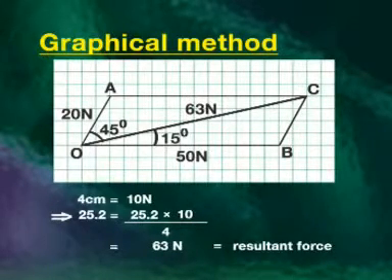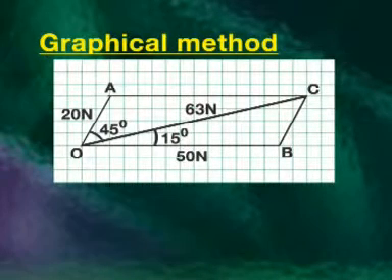When we measure the angle between OC and any of the forces represented by OA and OB, we find that the resultant is about 63 newtons, making an angle of 45 degrees with the 20 Newton force, which is represented by OA, or making an angle of 15 degrees with the 50 Newton force represented by OB.